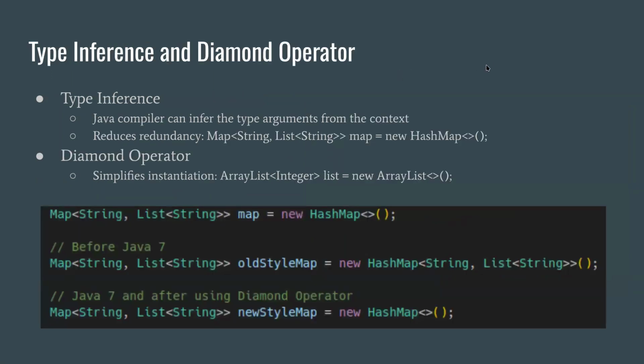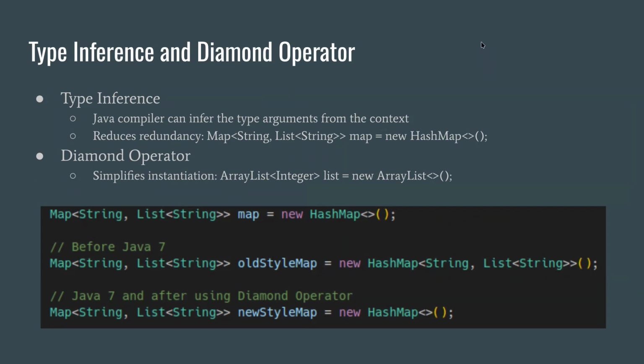Type inference and the diamond operator. With Java 7, the diamond operator was introduced, and this diamond operator allows the compiler to infer the type parameters of a generic class.